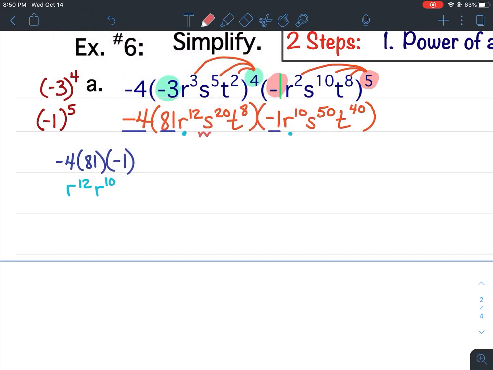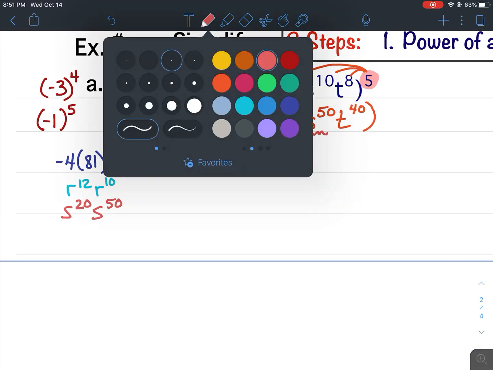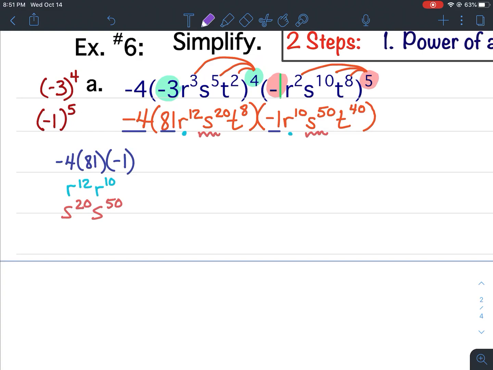I have s to the 20th and s to the 50th. And then I have t to the 8th and t to the 40th.